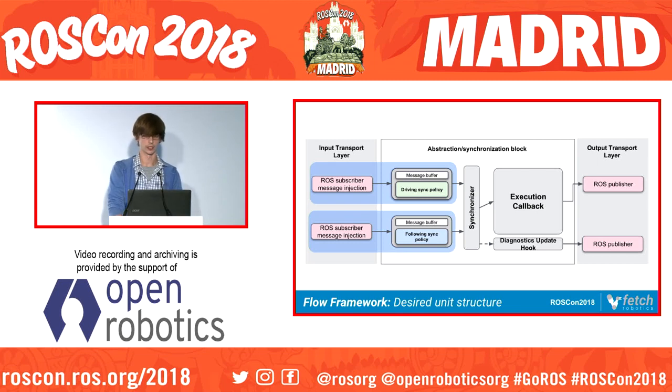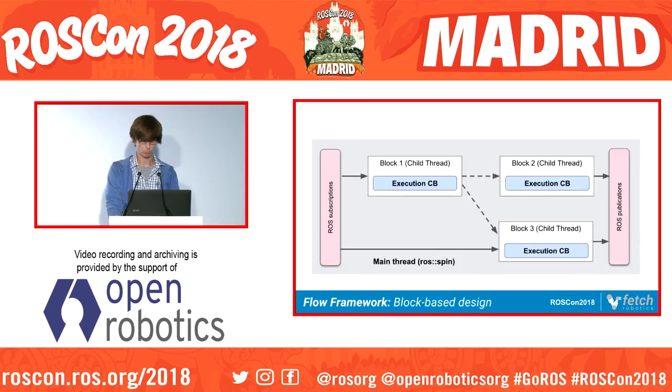They also come with a synchronization policy, which defines the synchronization behavior that happens before we execute our event callback. A program could look something like this with several blocks connected in an intra-block pattern. We've designed it in such a way that you don't need to use ROS messages when you're passing things within the node.